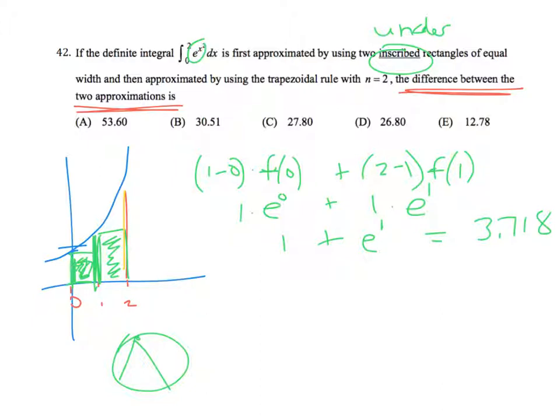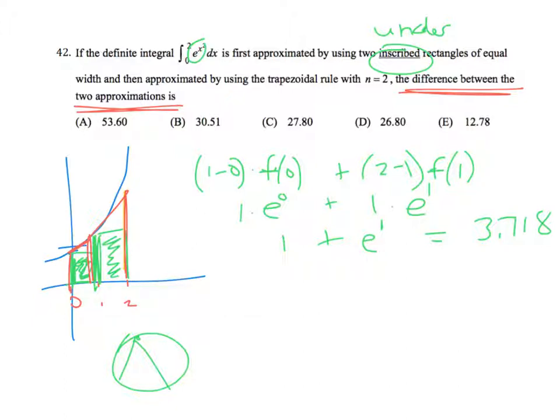Now, the second thing I need to do is find the trapezoidal approximation from 0 to 2. So trapezoids, remember I'm connecting here and connecting there. So again, one at a time.